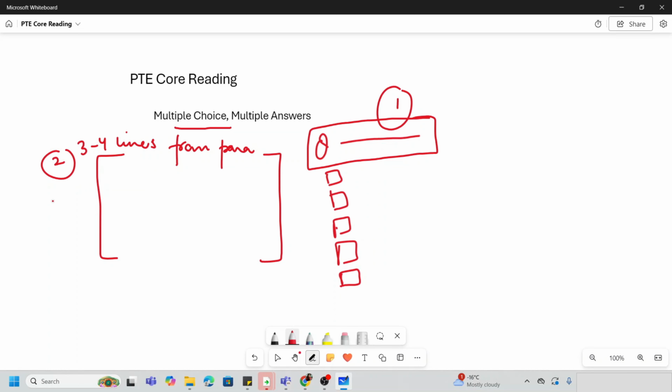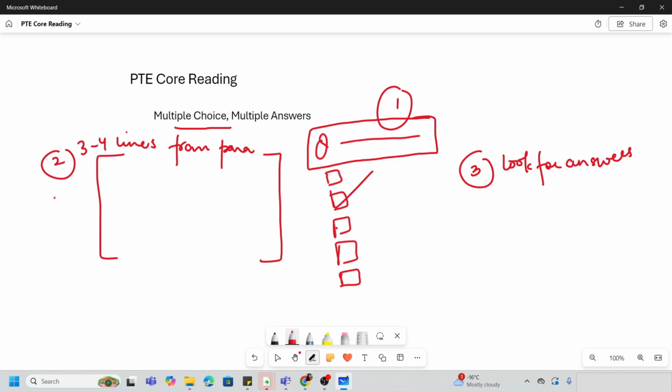After you have read this, the third step is to look for answers. In these answers, you try to match something that is relatable in the 3 or 4 lines that you have read. If you find it, take that particular answer, then move ahead.